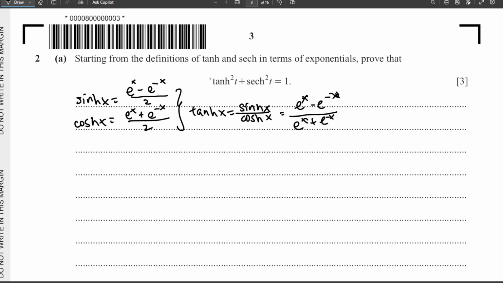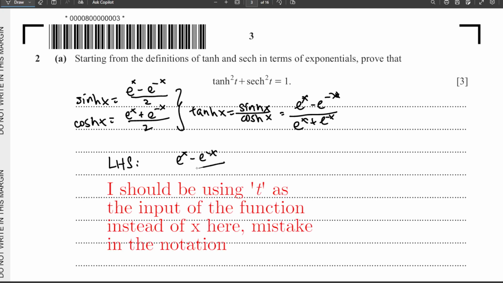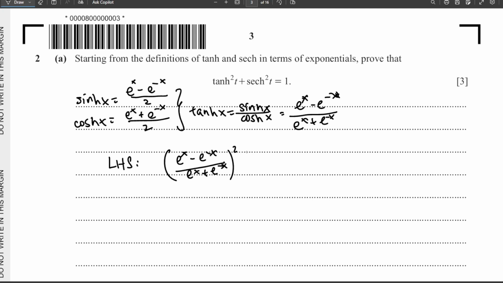Right, for the left hand side, I'll write it as such. We know the hyperbolic tangent is this expression, and I will square the whole thing, and then 1 over hyperbolic cosine is 2 over e to the x plus e to the negative x.